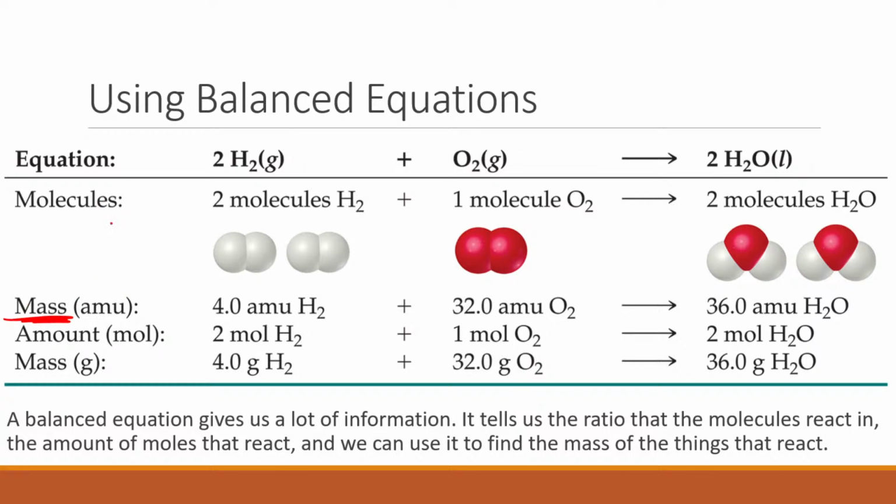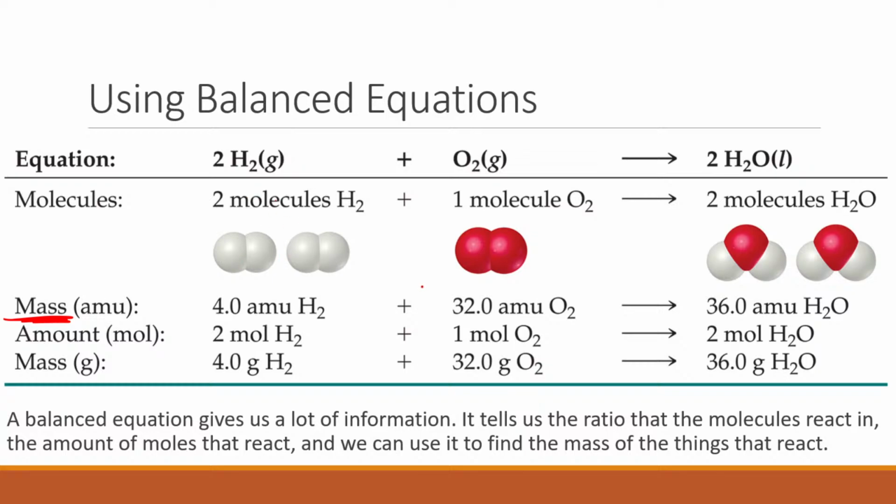At the molecular scale, it tells us how many molecules of each reactant on the left and each product on the right are used or created. Right, we know that 2H2 can be read as 2 molecules of H2, and 1O2 can be read as 1 molecule of O2 to make 2 molecules of water.